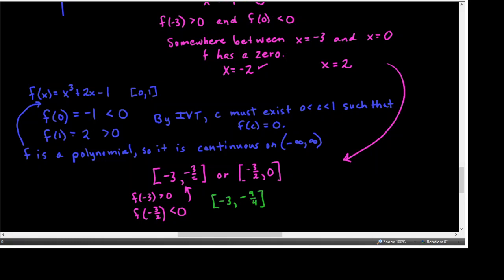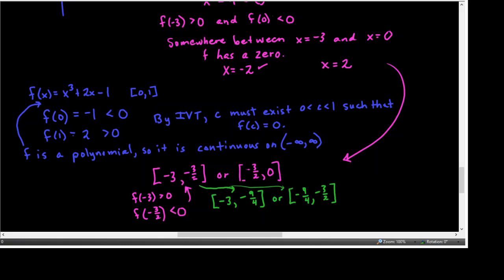And then go from -9/4 to -3 halves. So we're taking this interval and splitting it in half, like we did the interval from -3 to 0 to begin with. And then we decide, is it in this interval between -3 and -9/4, or between -9/4 and -3 halves?